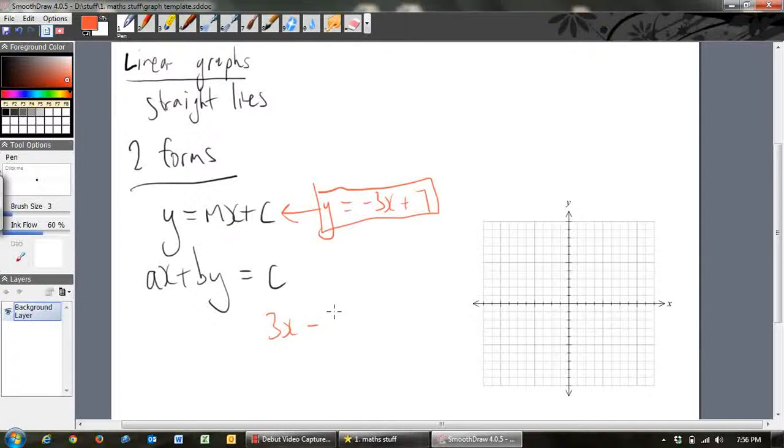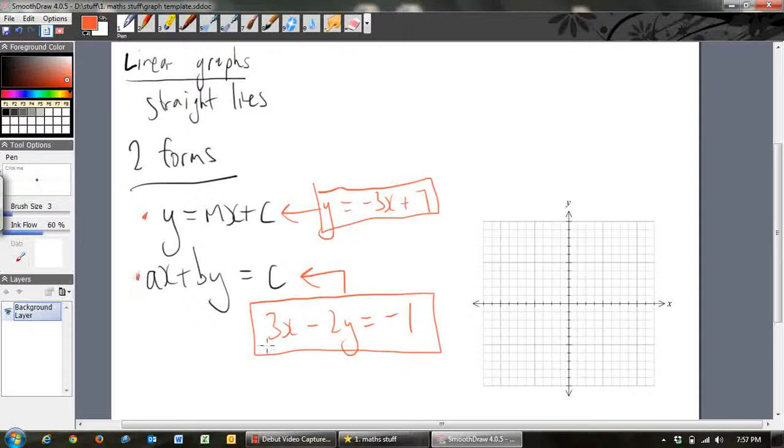Similarly, if you've got something like 3x - 2y = -1, that is of this second equation's form. There's some number in front of x, plus some number in front of y, in this case -2, equal to some number, and that will also be a straight line because it's in this form here.